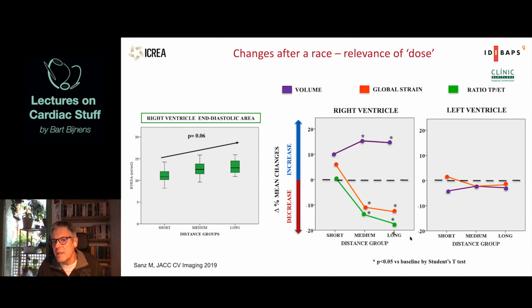And you still see different changes here, because if the cardiac output really dropped dramatically, then you wouldn't expect these changes in the pressure. Because this is the difference between before and after the race, you wouldn't see that. So the strain could theoretically be related to the size, but then this doesn't fit anymore.